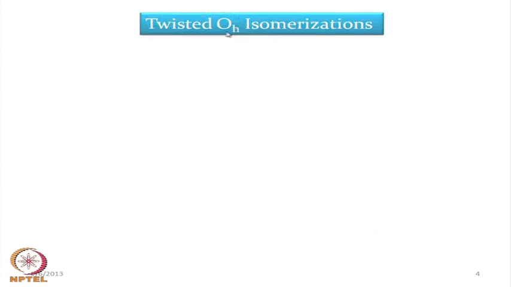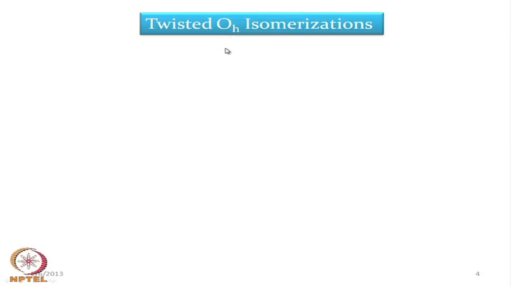Now, we will consider how we get the corresponding octahedral isomerization, where a different kind of twisting is taking place. So, what type of twisting can we have for this kind of isomerization reaction on octahedral molecules.